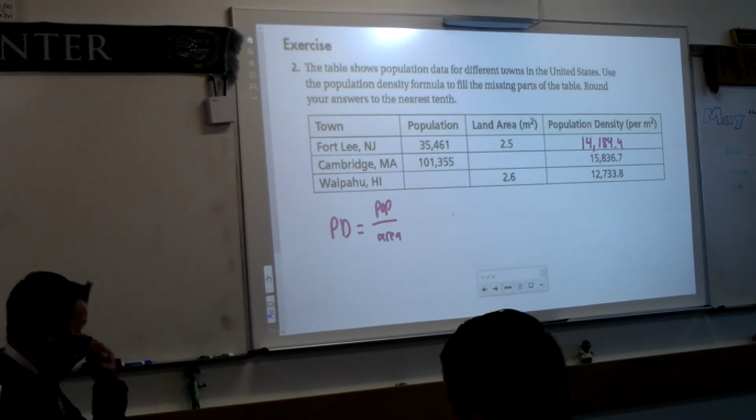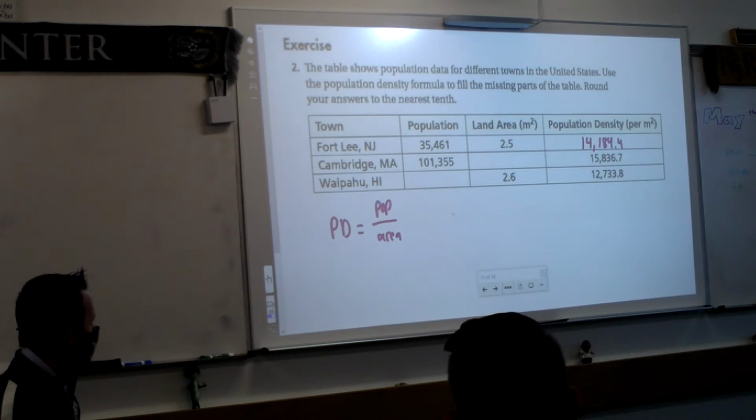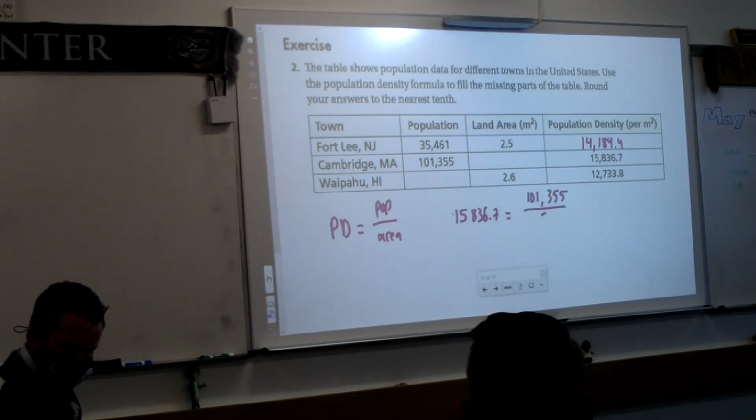Cool, let's go to Angelina for Cambridge, Massachusetts. Can you tell me how to set that up? That's alright, you can walk us through it. So I set it up because the equation is population density equals population over area. So I put the population density, that was 836.7, and then the population over area.